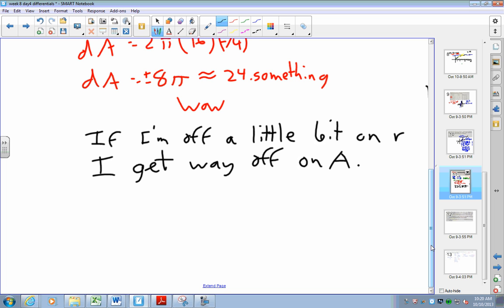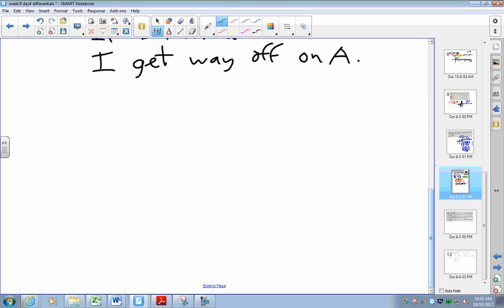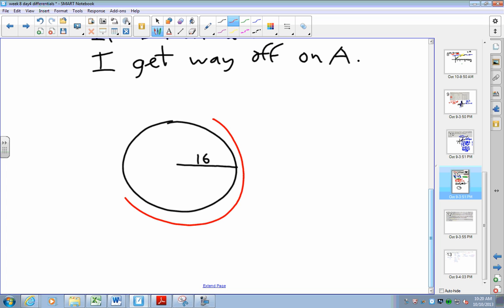So basically think of this. If I draw 16, could I also draw one that is 16.25? So that would be dr equals 0.25.